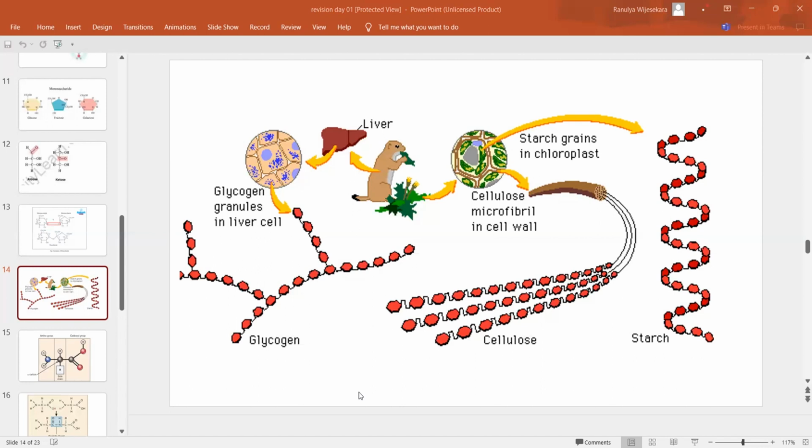Write down, giving suitable examples, write an account of the basic chemical features and biological functions of carbohydrates.